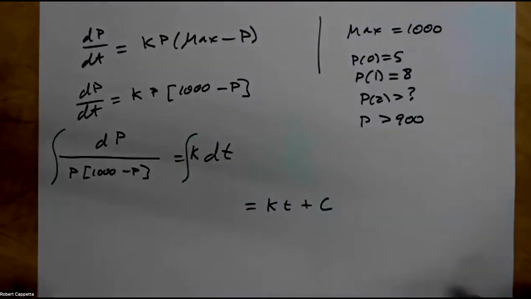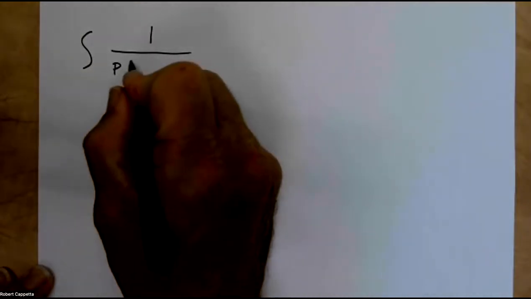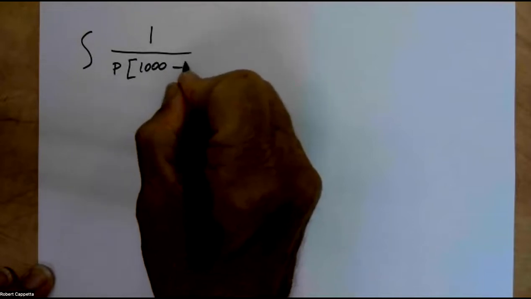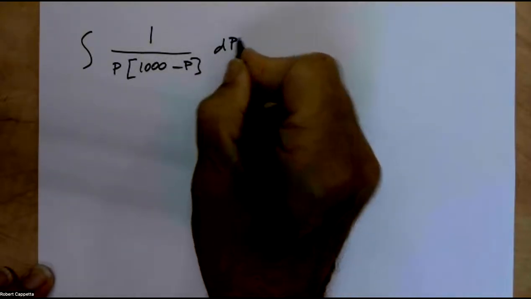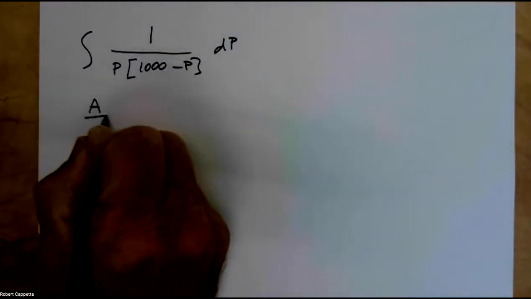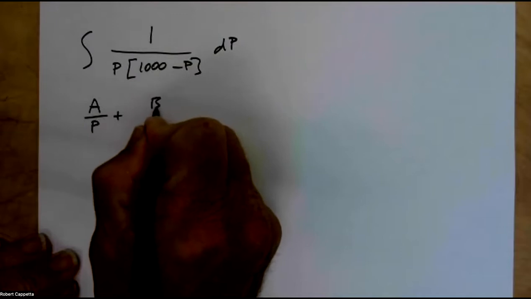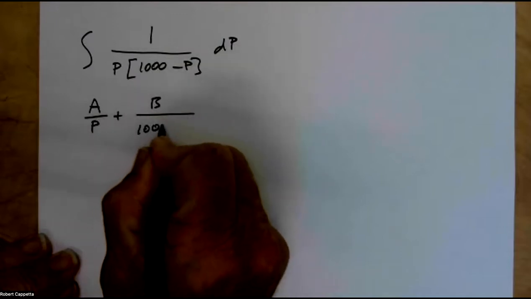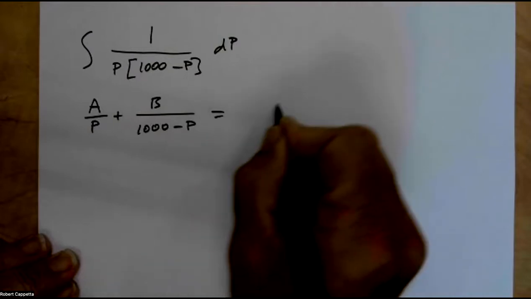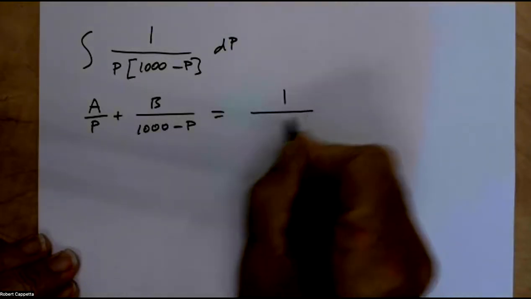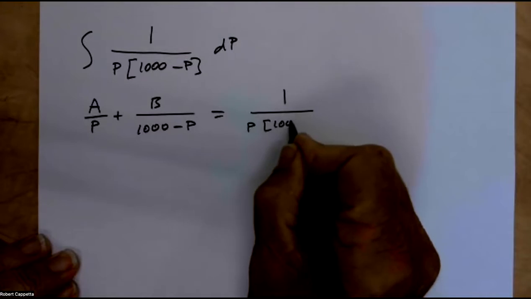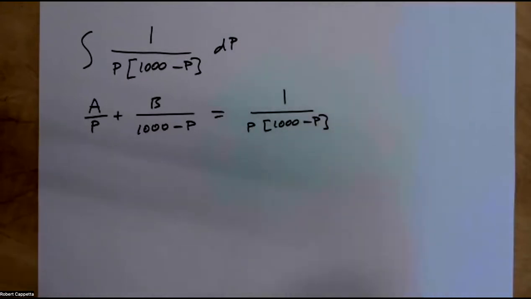But let's take a look at that left side. So what is the left side? We have the integral of 1 over P times (1,000 minus P) dP. So using partial fraction expansion, A over P plus B over (1,000 minus P) equals 1 over P times (1,000 minus P).